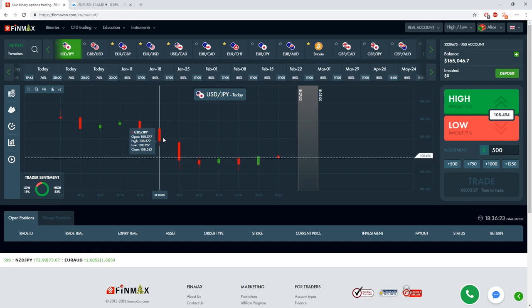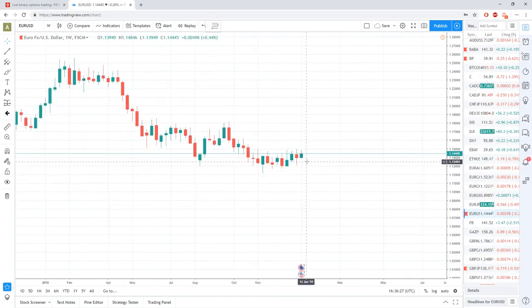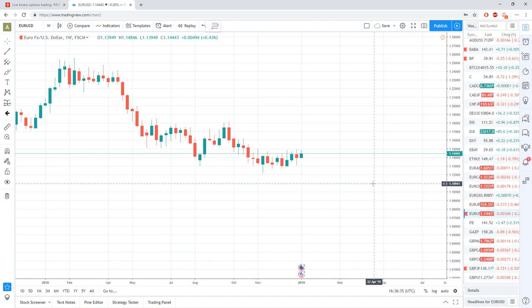The same with the size of the body. The smaller the body is, it tells us about some indecision among the market participants: bulls are pushing the price up, bears are pushing the price down, nobody can win, and the body of the candle is small.